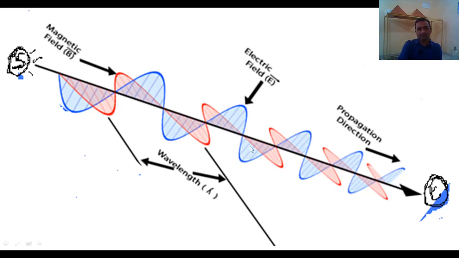The propagation direction from the sun to the earth's surface does not change, but the magnetic field and electric field vibrate in the perpendicular direction to the propagating wave. These two change: when the blue line comes up, the red line comes down.